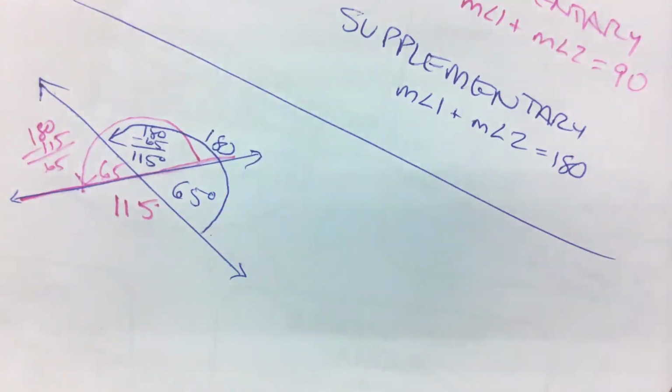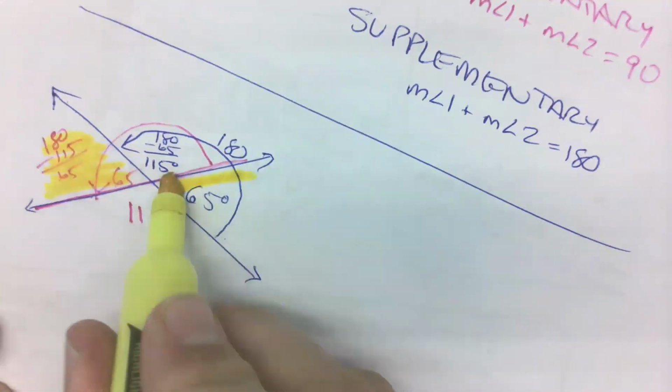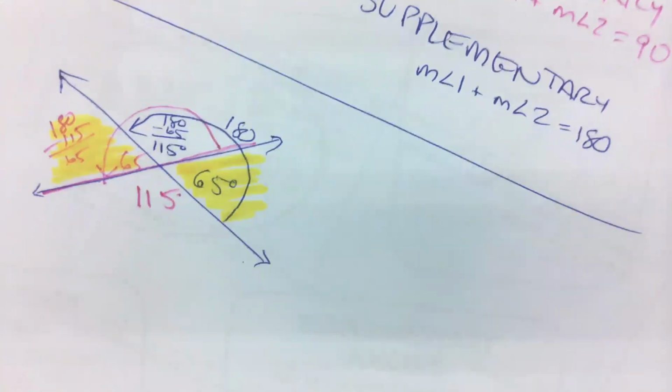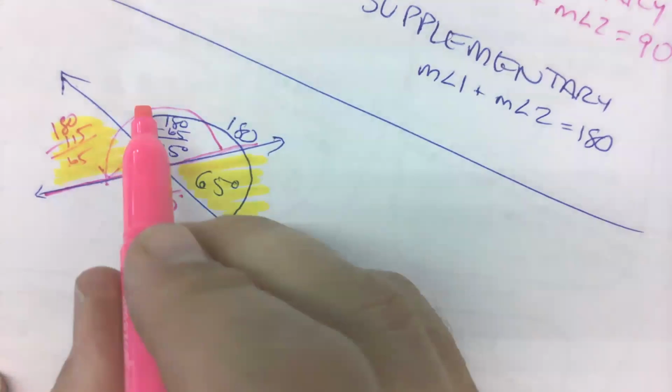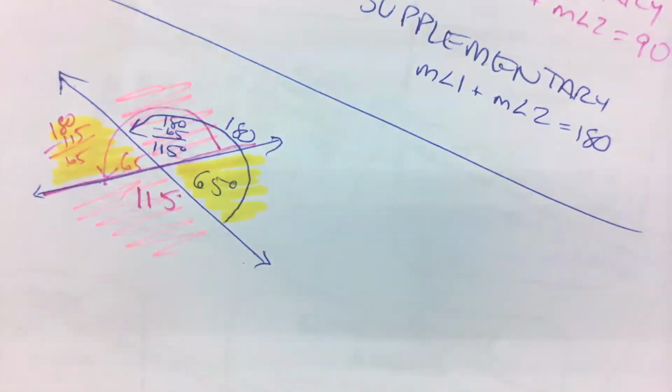So what we see here is, what's true about these two yellow angles I've colored? They're congruent. Nice use of the vocabulary word. What's true about these two pink angles? They're also congruent.